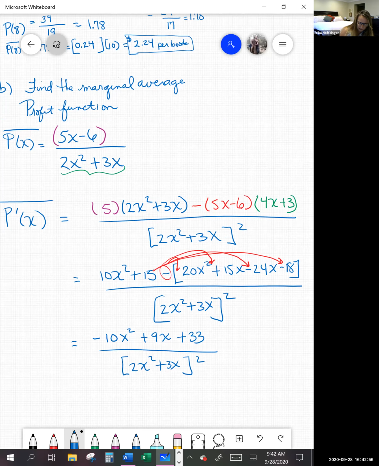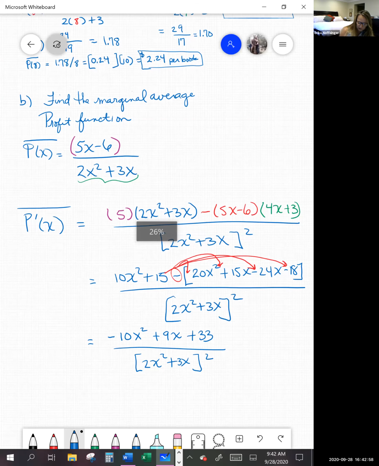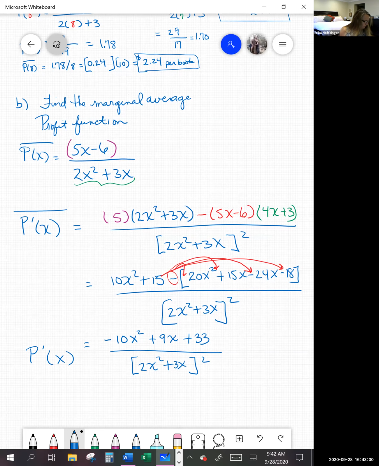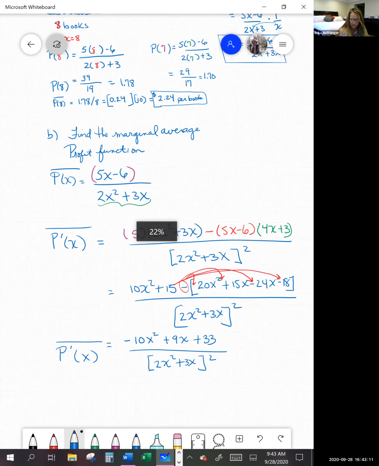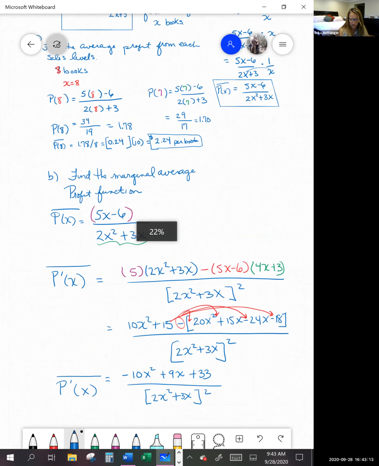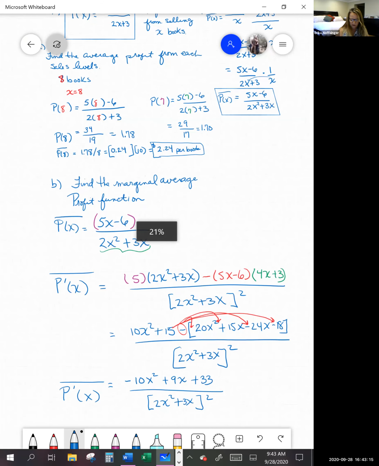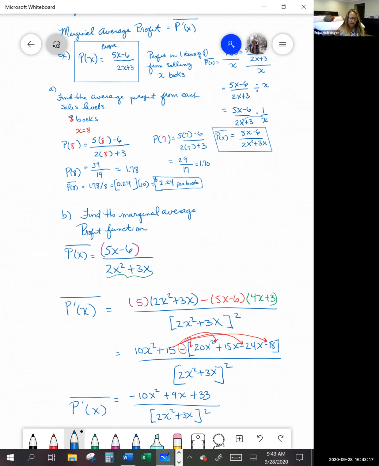This is the marginal average cost function. Okay, so that was on the quotient and the product rule.